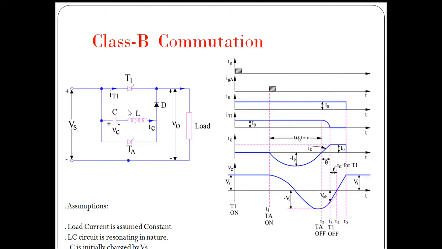The energy available across the capacitor, which is positively charged here, appears as reverse bias across the main thyristor T1. Whenever the thyristor is subjected to reverse bias, the device will automatically turn off.